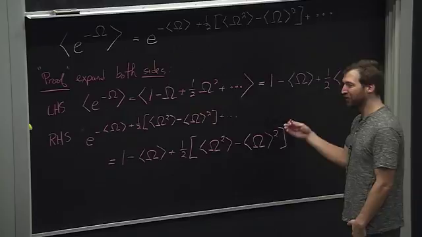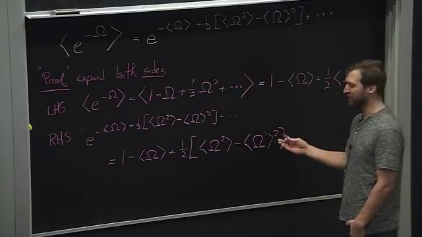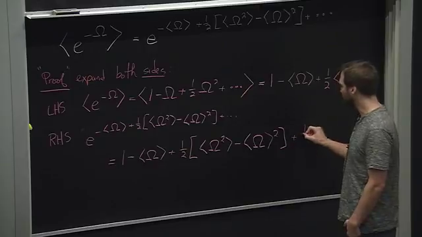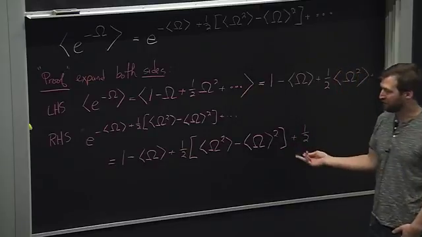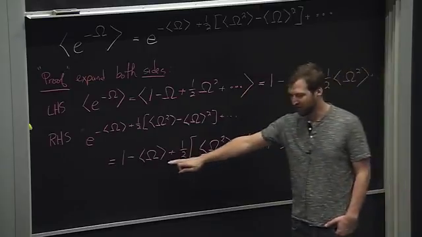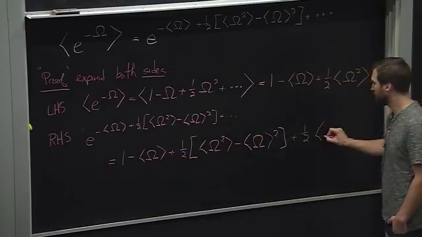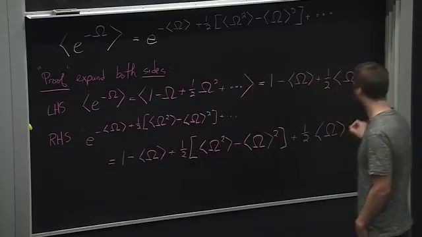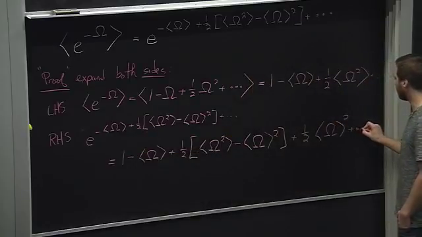So the lowest order term of the next order of the expansion of the exponential gives you 1/2, and then the first term will give you this thing squared. So it's like this piece squared, and then you have higher order terms.